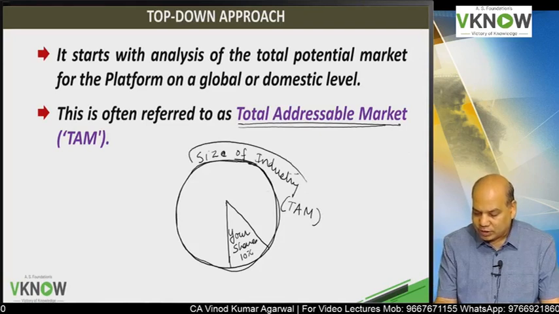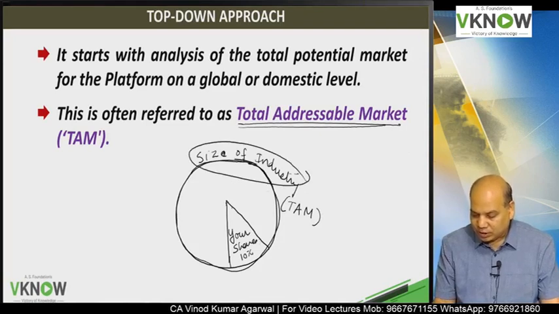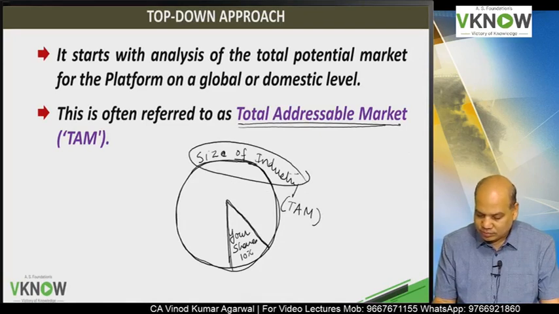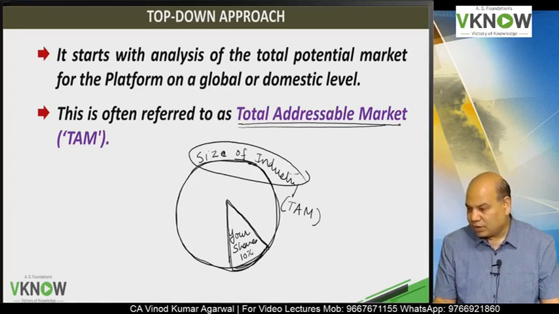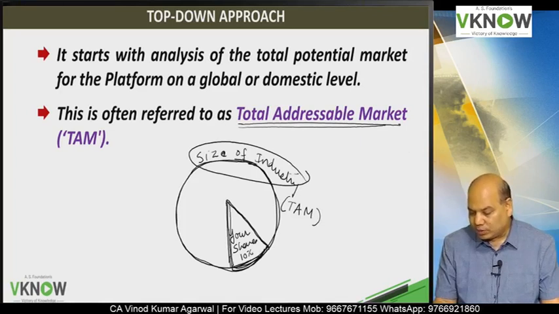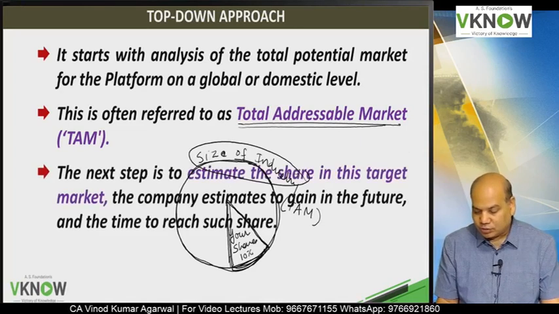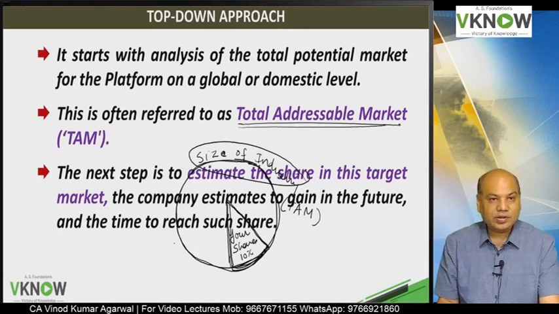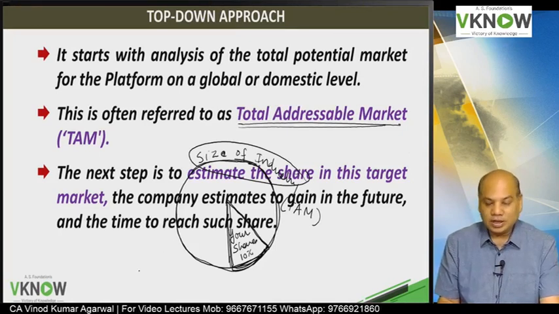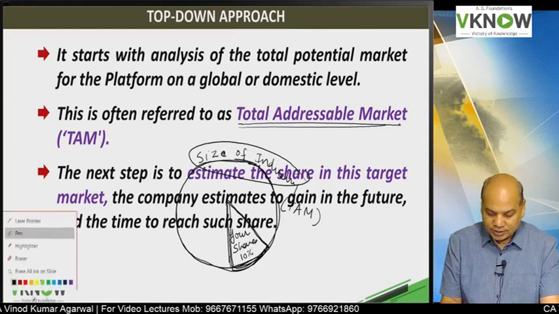Total size of the industry multiplied by your share means this is the revenue you will be able to get out of this entire industry. That is called serviceable addressable market, SAM. From TAM you have to move towards SAM.